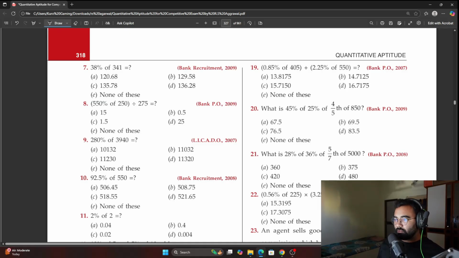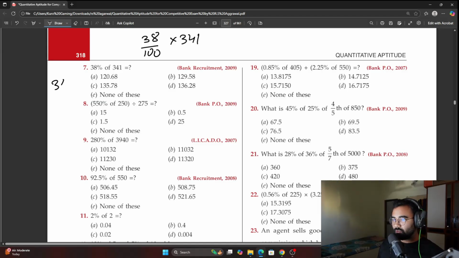All right, so the seventh one is 38% of 341. So 38% is 38 upon 100 into 341. Now what usually people do over here is they'll start cutting, but don't do that since you have 100 in the denominator. You simply multiply this and add 2 decimals. That would be easier.